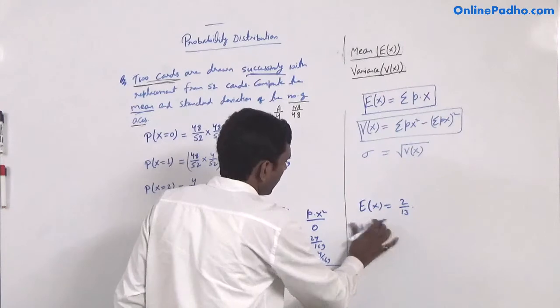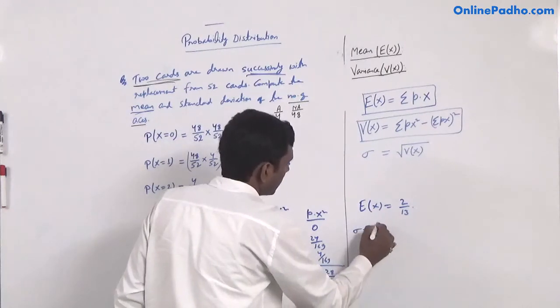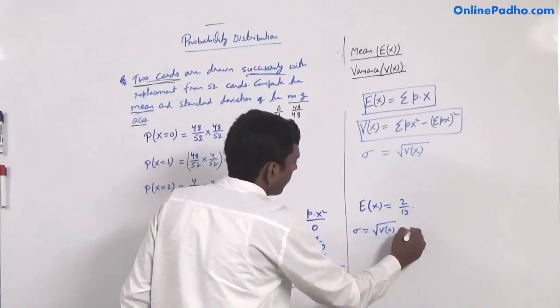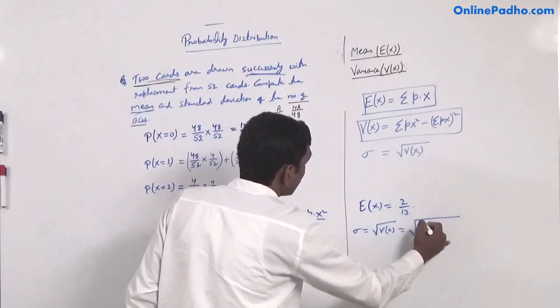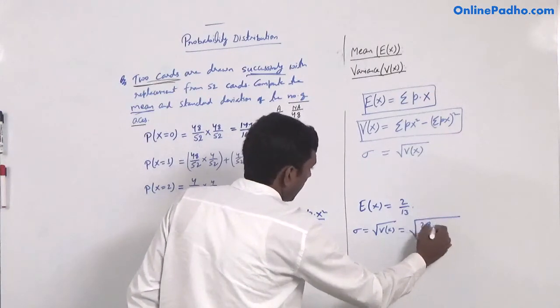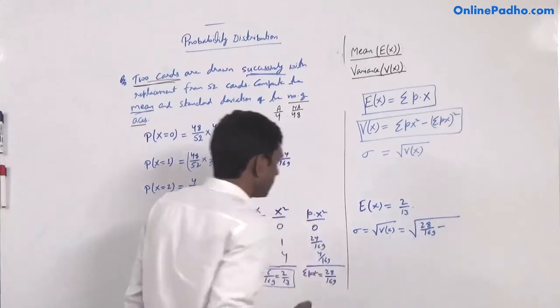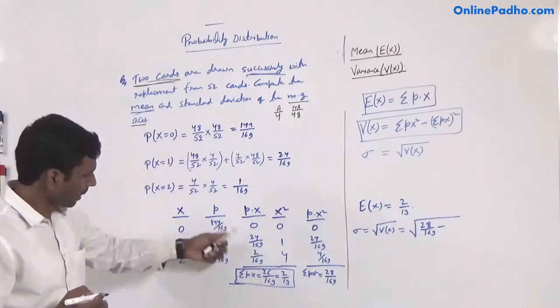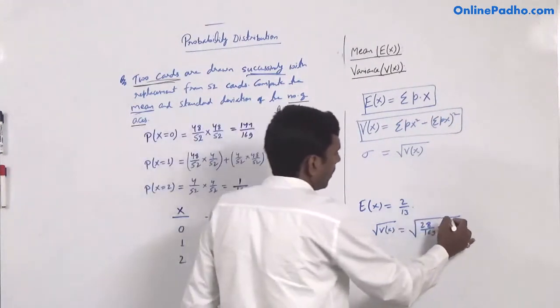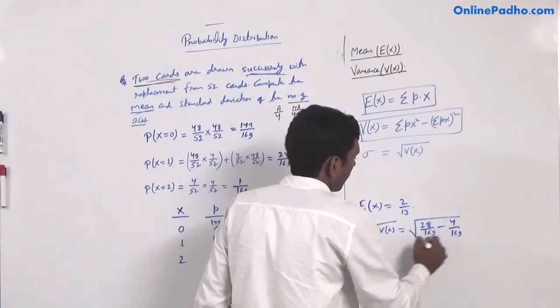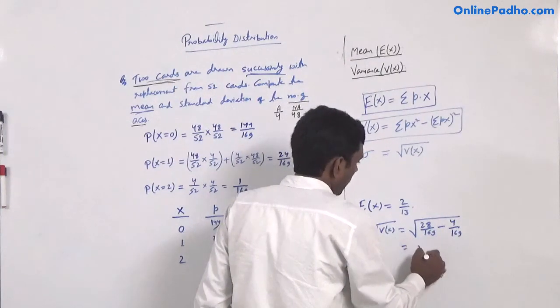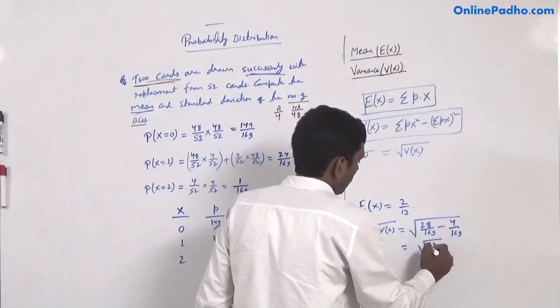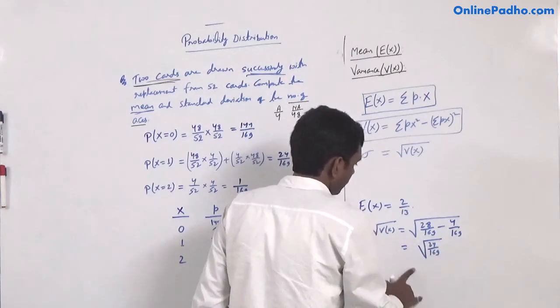Now therefore standard deviation can be written as the square root of summation px square, 28 by 169, minus summation px whole square. Summation px, 2 by 13, whole square will be 4 by 169. It will be square root of 24 by 169, right?